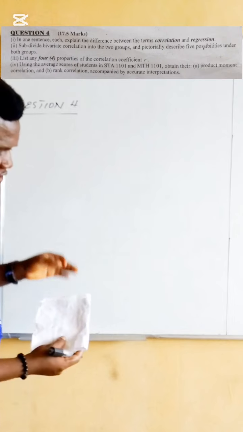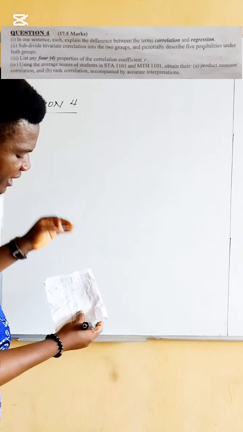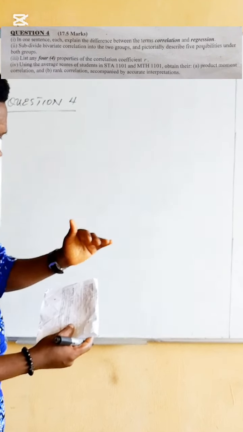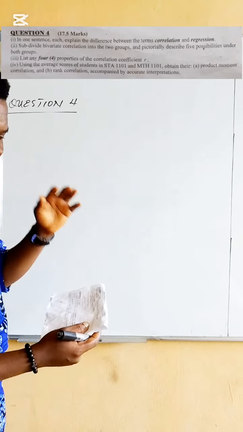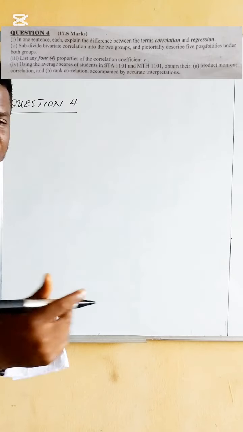The second question says, under question 4, subdivide bivariate correlation into two groups and pictorially describe 5 possibilities under both groups. Let's get that done.